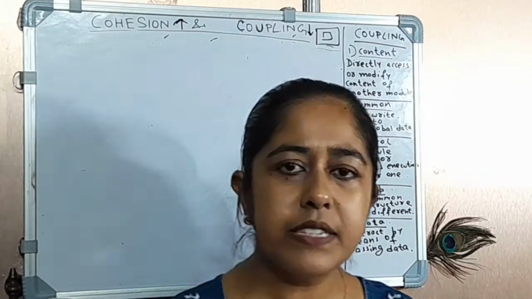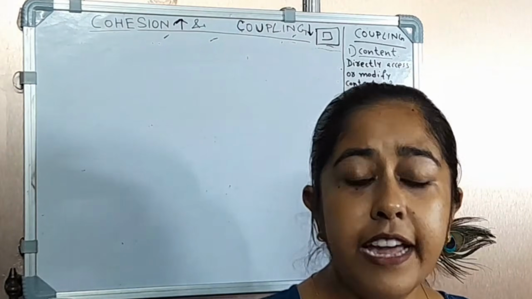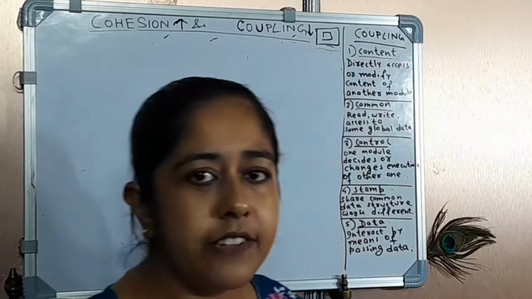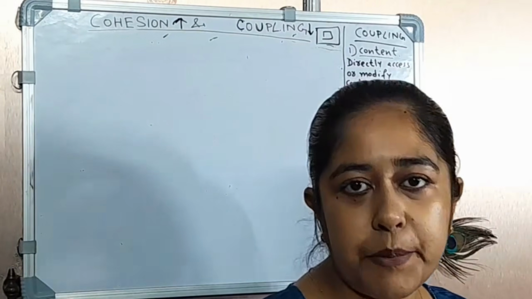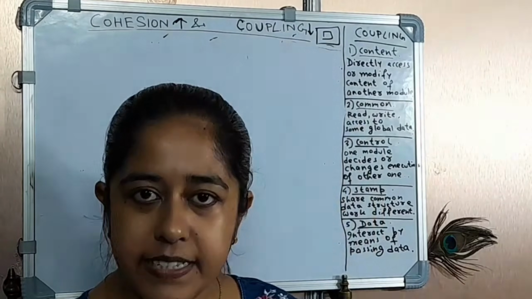Every coupling can be used and they are equally standard. We saw in cohesion that functional cohesion is the ideal, best accepted one, but in coupling no such case is there.